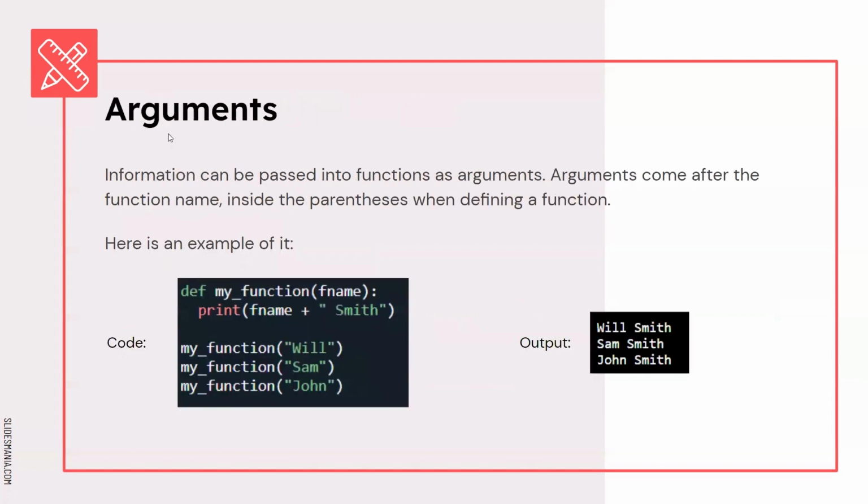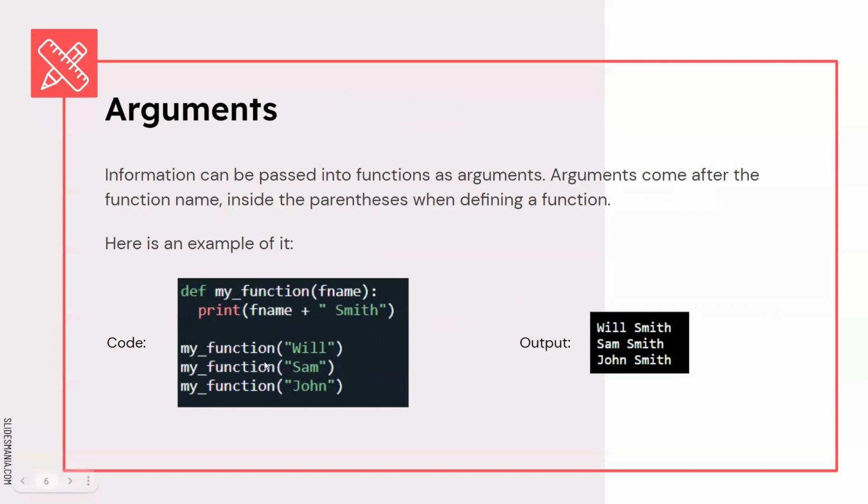Now, arguments. Information can be passed into functions as arguments. Arguments come after the function name inside the parentheses when defining a function. Here's an example of it. We have def my_function(fname), print fname plus Smith, and you can see there's a space here.